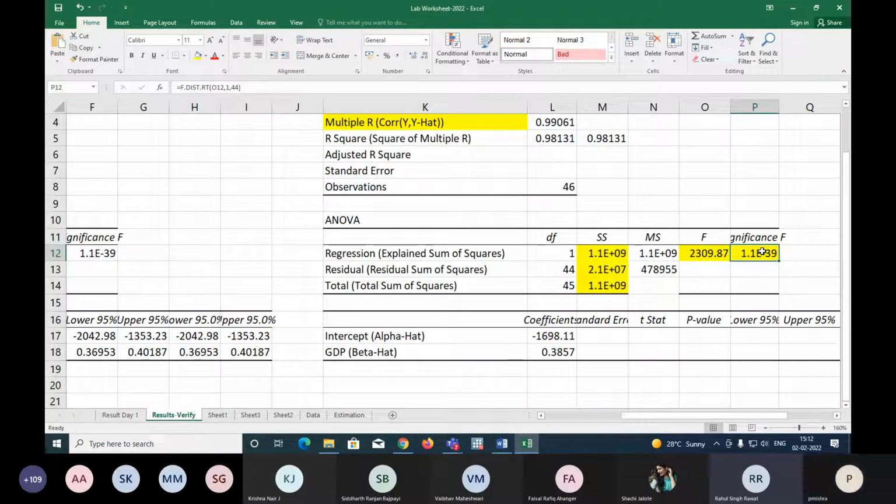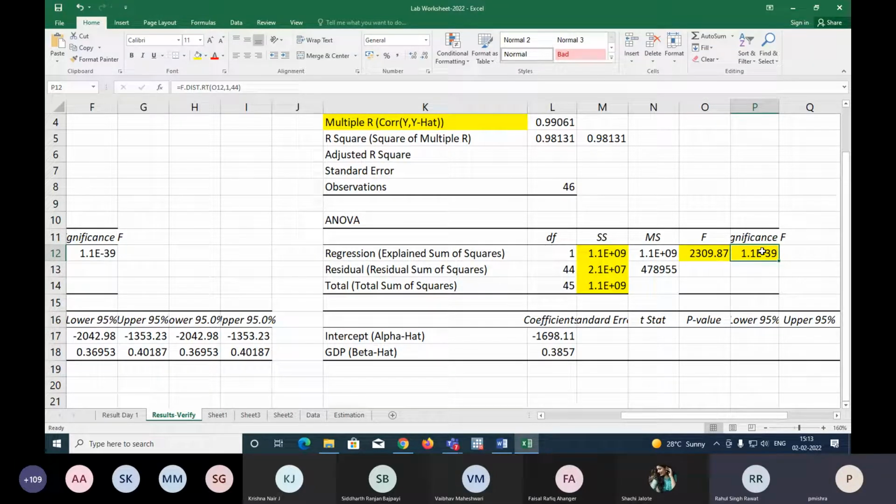Right? Basically the significance level, the type 1 error. So you go to Fx, put the value of the computed F, put the value of degrees of freedom for the numerator.